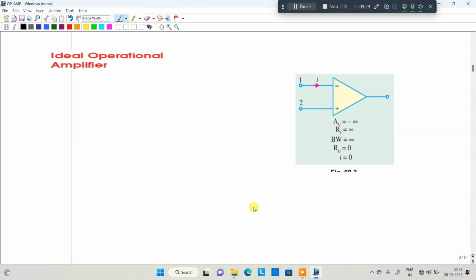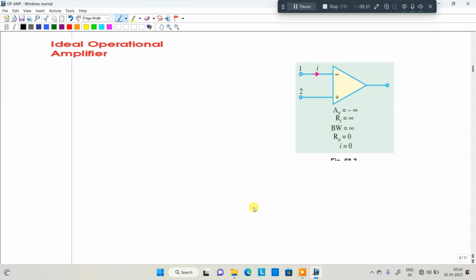Okay, next we are moving to the ideal operational amplifier. Very important. You may expect one question from here. Everyone listen carefully. We'll discuss the ideal operational amplifier without feedback.